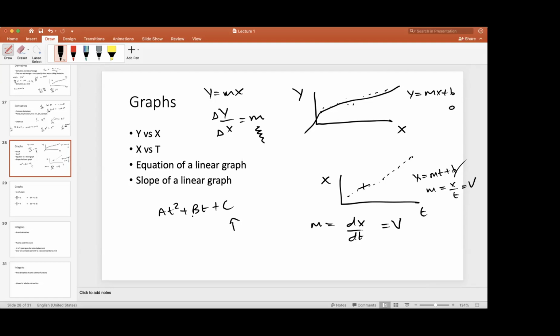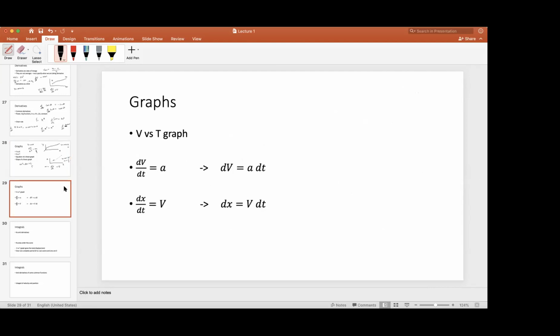And your b of t, this is your velocity, your instantaneous velocity, and this is actually your instantaneous acceleration. We'll talk about that later when we do some graphs, but just know that we're going to do this a lot in lab: we're going to take graphs and use them to extract position or velocity or acceleration out of those graphs.